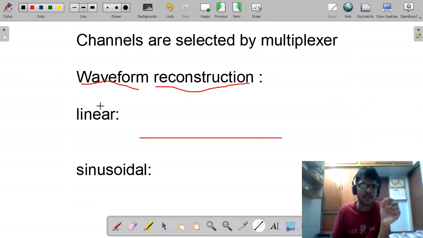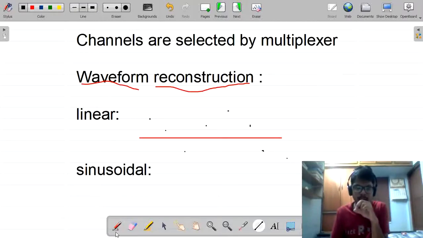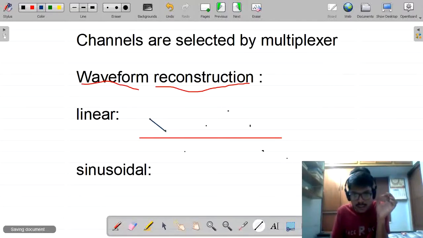Assume that these are the sampling points which we have. The linear reconstruction indicates that these points are joined linearly.